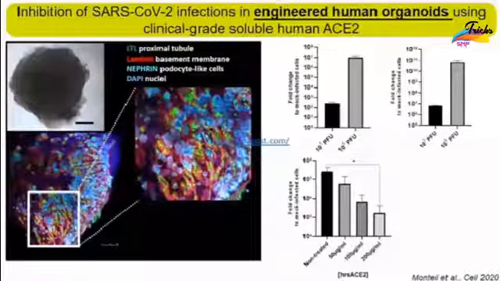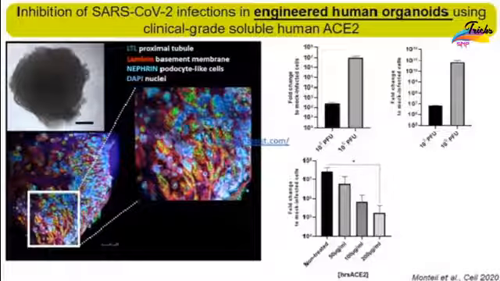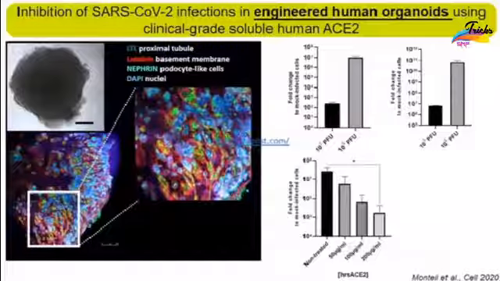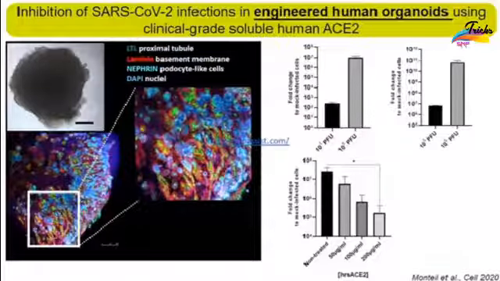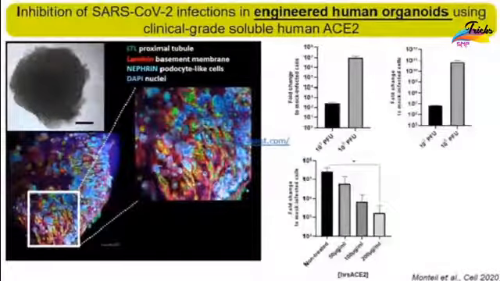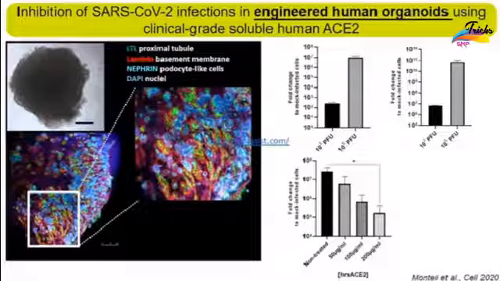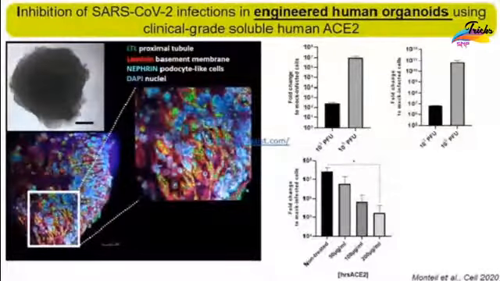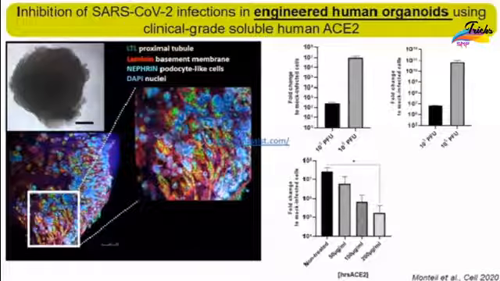Also, supernatants of infected kidney organoids were collected after 6 days post-infection, and we could show that the supernatants infected Vero E6 cells. This ascertained the use of these kidney organoids as a model for COVID-19 disease, so we took advantage of the human recombinant soluble ACE2. We treated kidney organoids infected with SARS-CoV-1 or SARS-CoV-2 particles with different doses of the compound, and we could observe that this compound truly inhibits viral RNA in our kidney organoids.